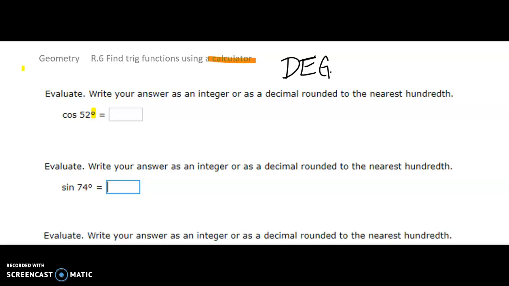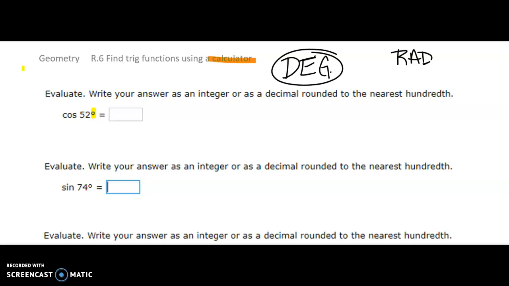If there is a DEG, then you are good to go. If you have an RAD, then you are not good to go, and you need to go to your mode button and change radians to degrees. So we always want degrees.